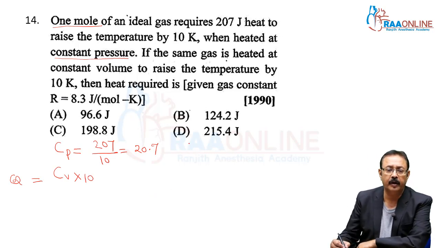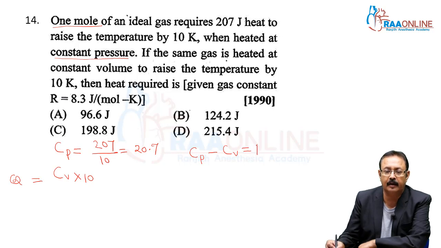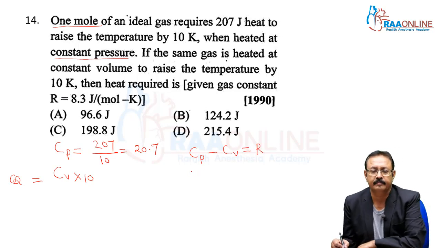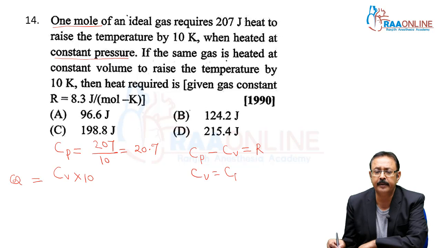Now how to do? I told you one formula. In joules, Cp minus Cv is equal to R. So what is the value of Cv? Cv is Cp minus R. The R value is given in joules as 8.3 and Cp was 20.7.